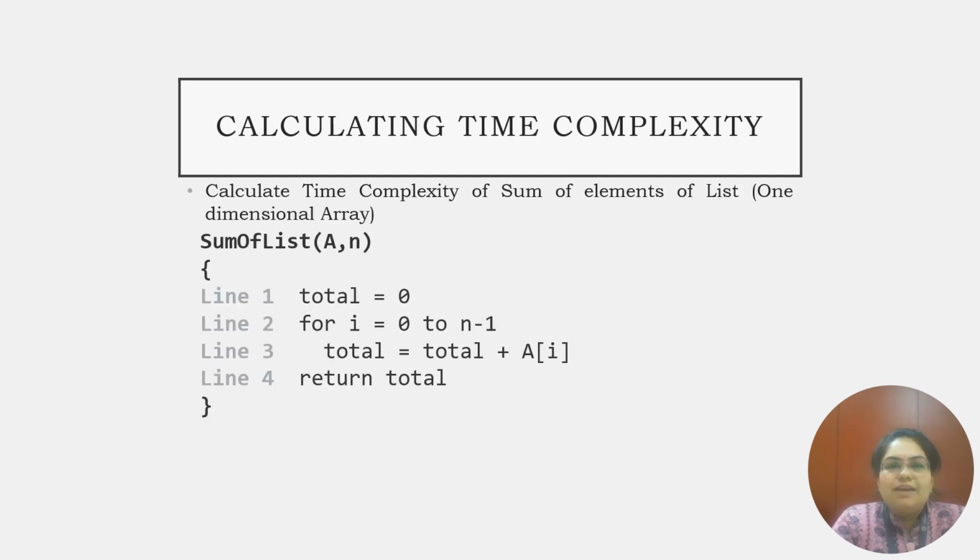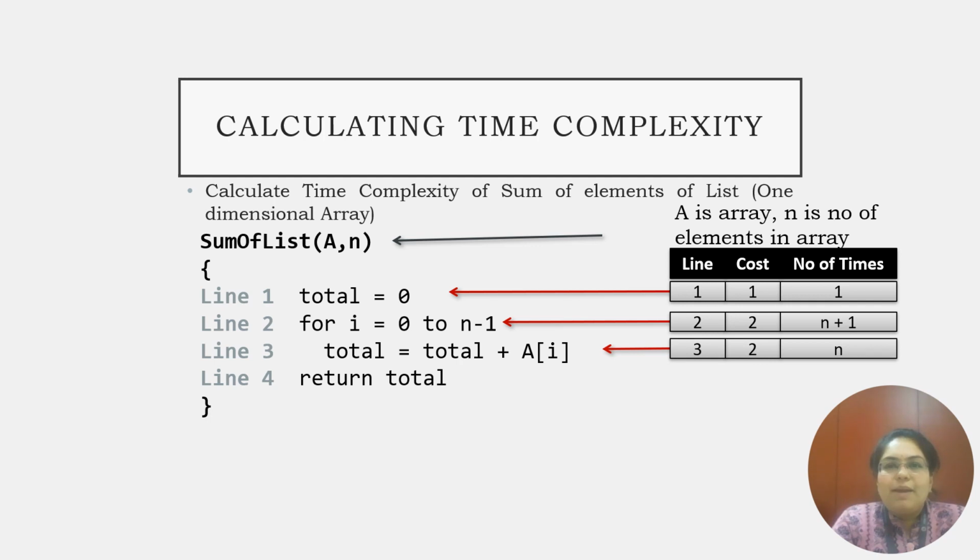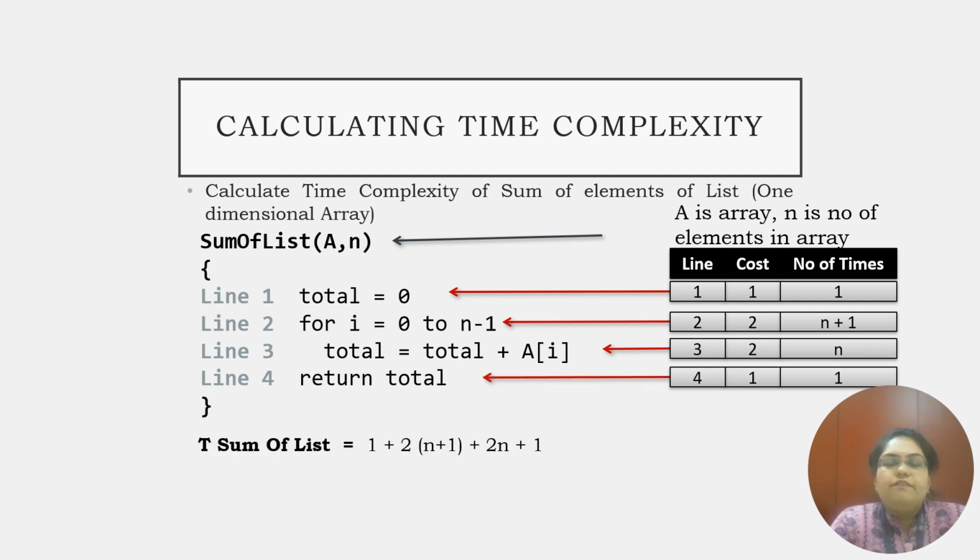Here we have an example of how we can calculate the time complexity of the sum of elements of a list, which is using a one-dimensional array. So here we have the function called sum of list which has two parameters. One parameter is a, which defines the array, and another is n, which defines the number of elements in the array.